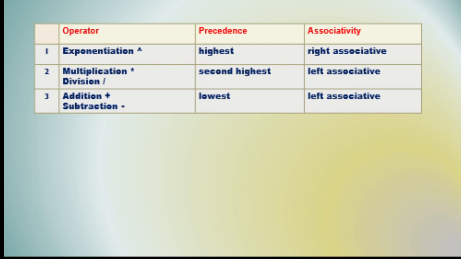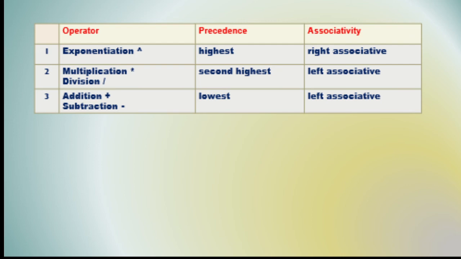Okay, so as you can see, exponentiation is the highest in priority. The second highest are multiplication and division, and the lowest in priority are addition and subtraction. And as for the associativity, exponentiation uses right associative. Multiplication, division, addition, and subtraction use left associative rule.